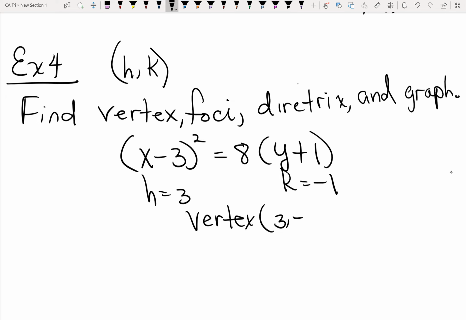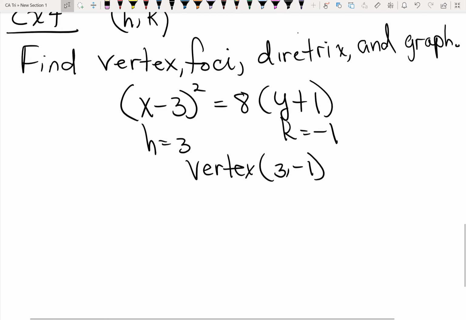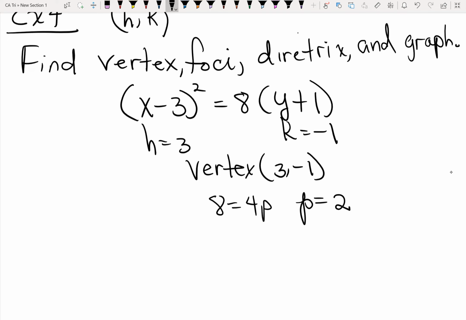So we have (3, -1). Okay, in our example, the 8 is equal to the 4p portion of the equation, so therefore p has to be equal to 2. And that's just looking at the equation in a simplified version.